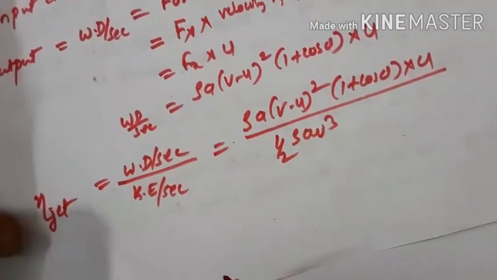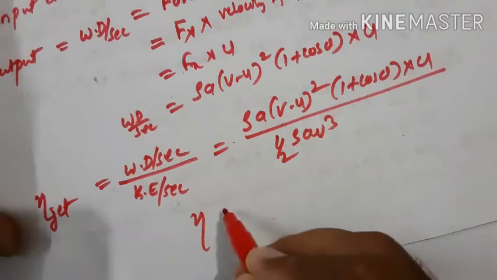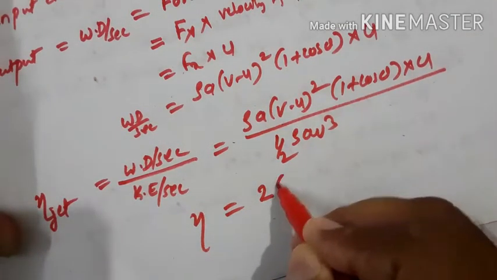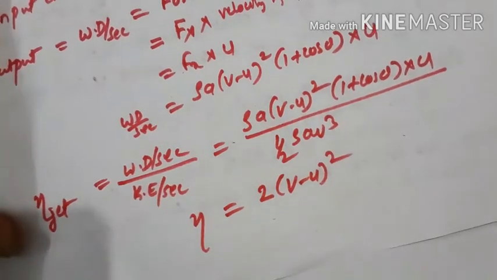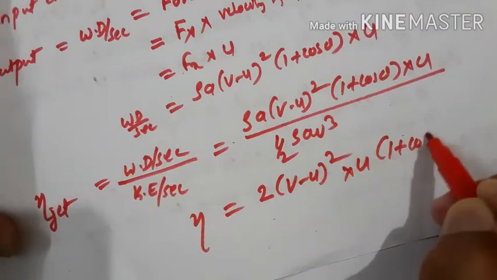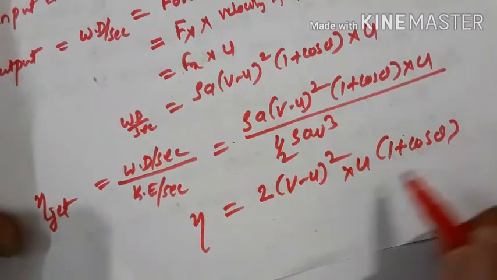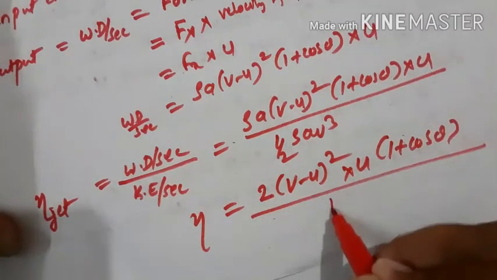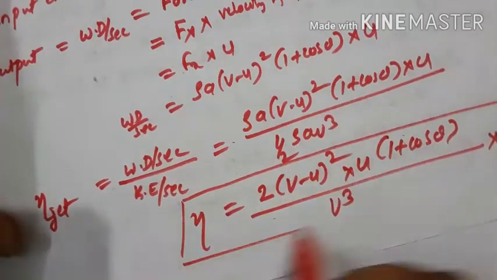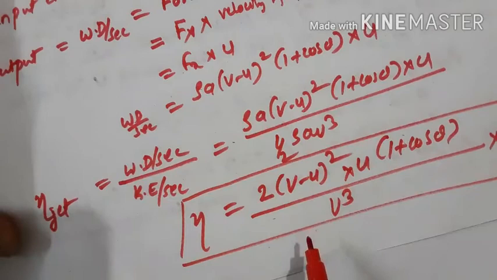Simplifying this, you get 2 times (V minus u) whole square into u (1 plus cos theta) divided by V cube, into 100. This is the equation you get after simplification. This is the efficiency of the jet.